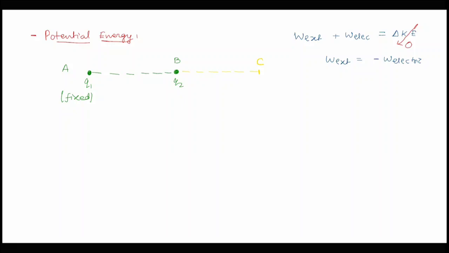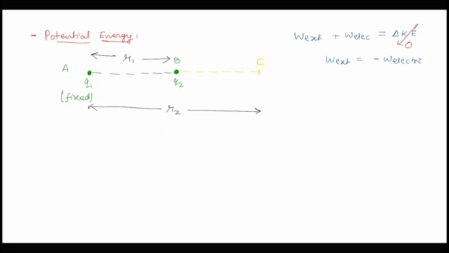We are considering the distance AB as R1 and the distance AC as R2.